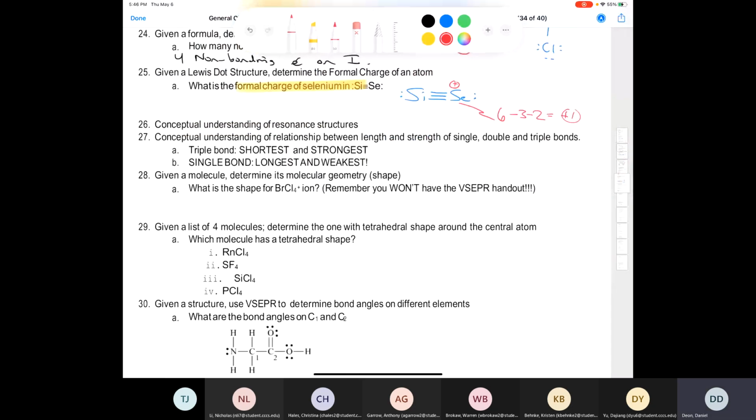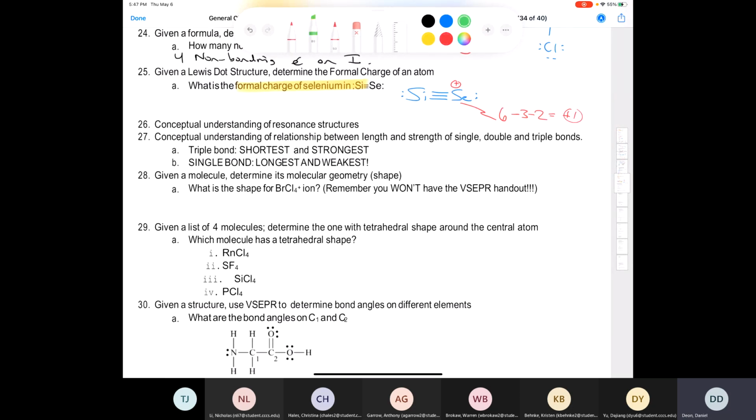Conceptual understanding of resonance structures. So if you're unsure about the concept of resonance structures, an example that comes to my mind of something that we looked at would have been the resonance structures, I believe, of carbonate, the carbonate ion. So if you need to go in the textbook and look at resonance structures, resonance structures are nothing more than this: we want to draw a Lewis structure of a molecule, and we can't draw any one perfect Lewis structure that perfectly sums up the electron distribution.